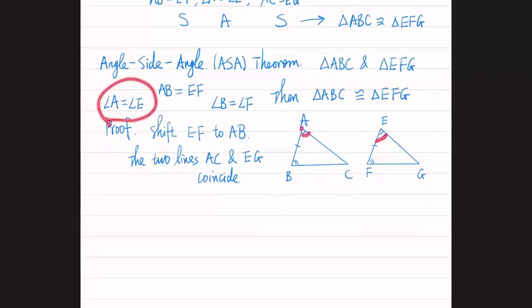From the same line, with the same angle, we have one line. In the same way, the two lines on the other side also coincide.